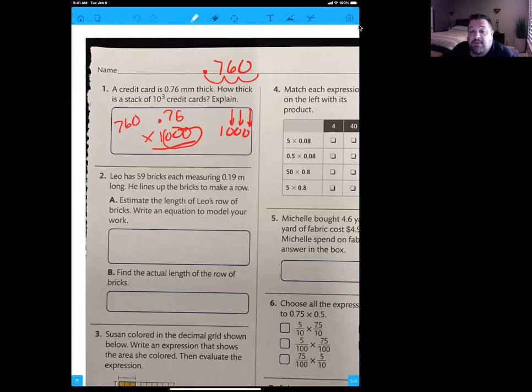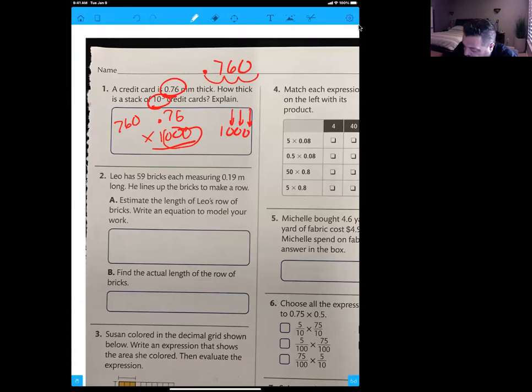Also, think about it. 0.76 is almost 1, kind of like 3/4. If you rounded it to 1, then 1,000 times almost 1 is around 1,000. You're going to hear me do a lot of estimates and what ifs. So your answer has to be around 1,000.